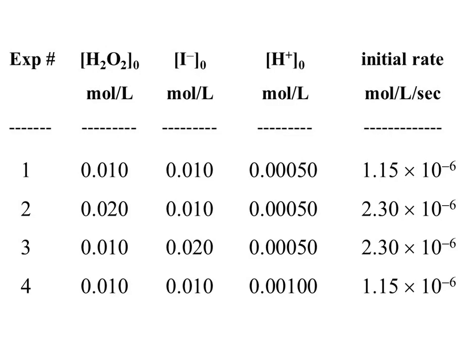And then switching it up, if we look at 1 and 3, the H2O2 is constant and the H plus is constant, and what we're doubling is the I minus. So if we compare the rates for 1 and 3 and look for the effect, whether it's held constant, no change, doubled, or quadrupled, that's what we're looking at, 0, 2, or 4, we can get to the reaction order for I minus.